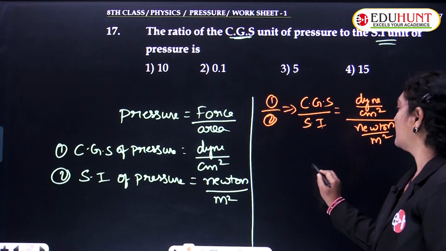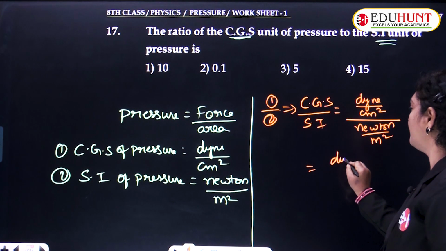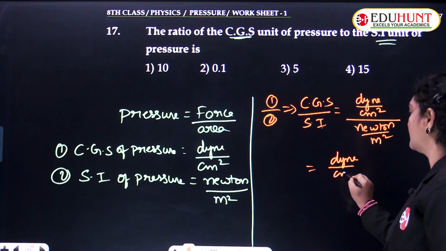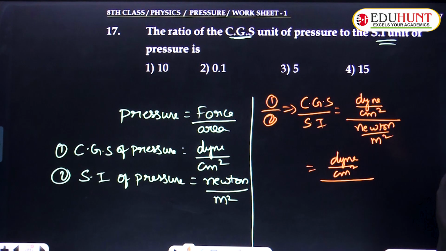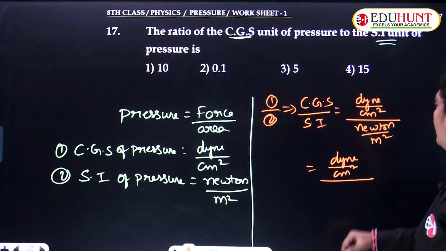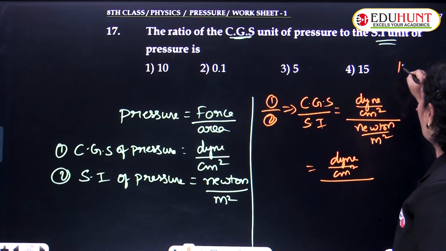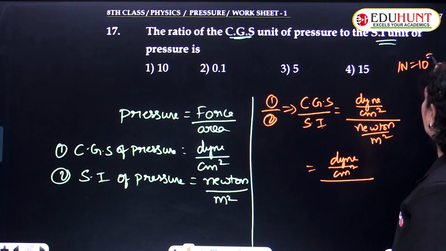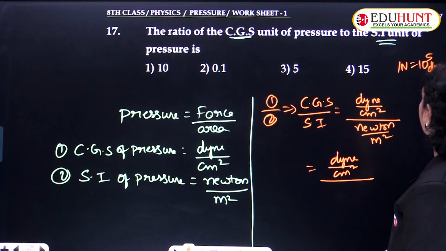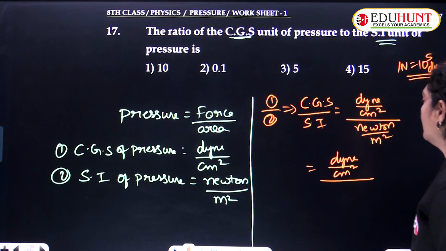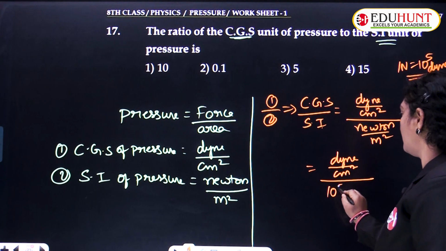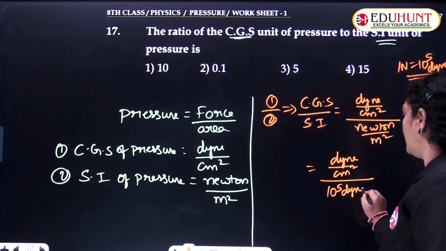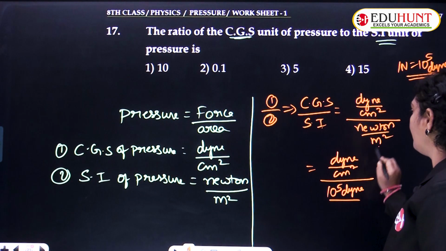So the CGS is dyne per centimeter square, SI is Newton per meter square. I'll keep dyne per centimeter square as it is, and now Newton. 1 Newton is how many dynes? It is 10 power 5 dynes. Always remember children, 1 Newton is equal to 10 power 5 dyne. So this can be written as 10 power 5 dyne whole upon meter square.